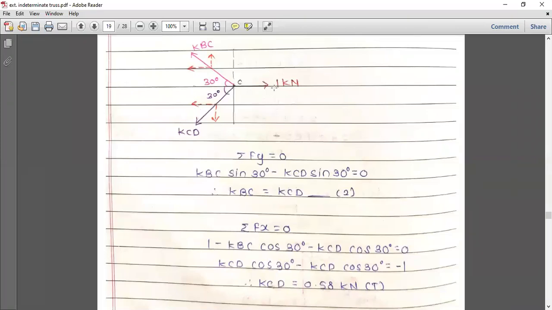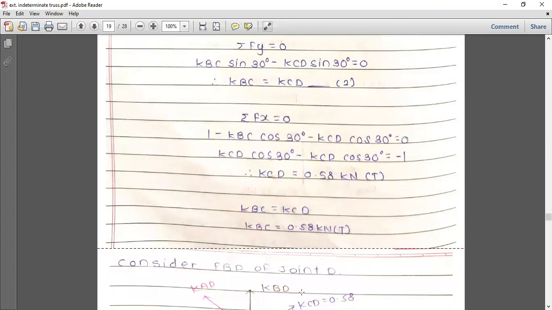This is going right side, that's why plus. Now after writing this equation, put in the relationship KBC equals KCD. So you are getting force in member CD as 0.58 positive. Positive means the assumed direction is correct. Assumed was tensile.